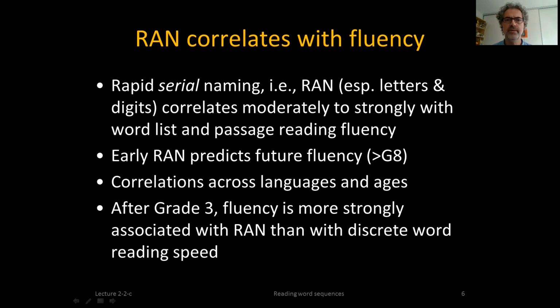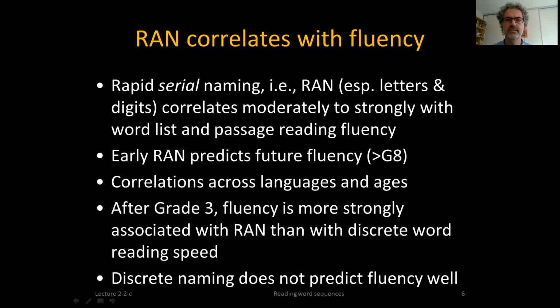So RAN becomes more highly correlated with word list reading fluency than isolated word reading speed is. In contrast, discrete naming of digits does not predict reading fluency very well.